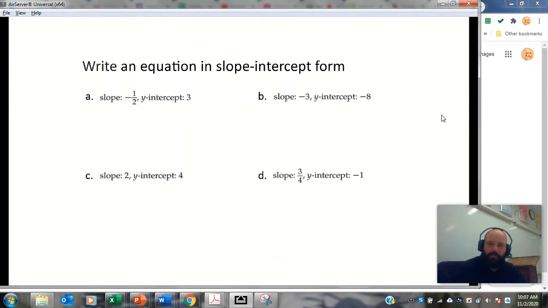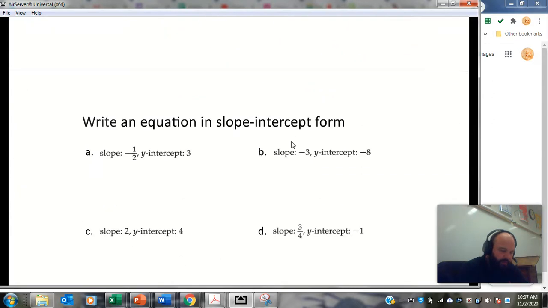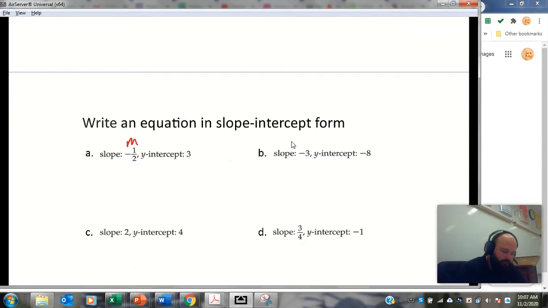So the first example I'm going to show you is how to write an equation in slope-intercept form when they give you the slope and the y-intercept. This is really simple. The slope is the m variable, and the y-intercept is your b variable.